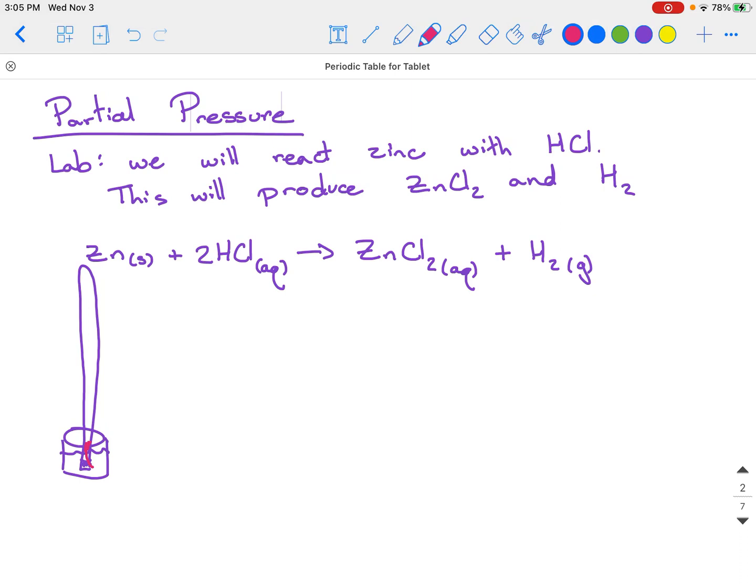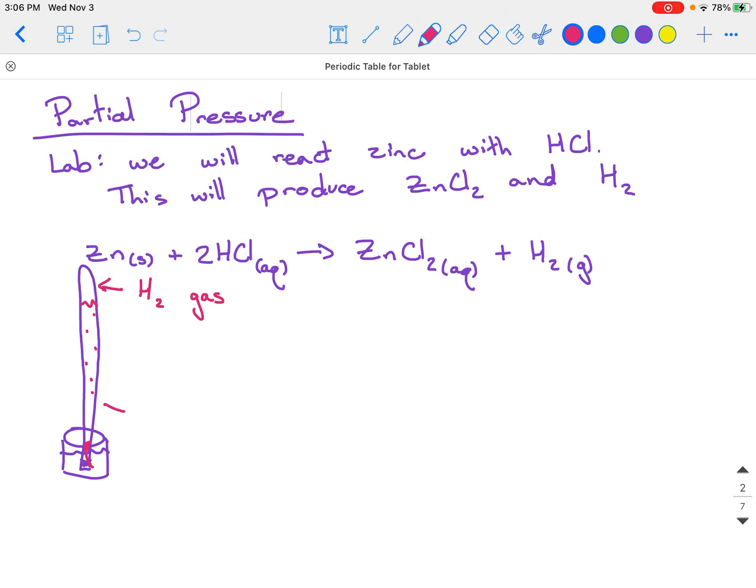We'll put a little piece of zinc in here on a piece of string. It'll react with some HCl and water that's in the tube. As time goes on, that zinc will react, and you'll see little bubbles come up and create a nice little pocket of gas up here. This is going to be your H2 gas.